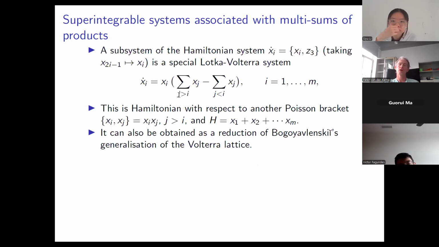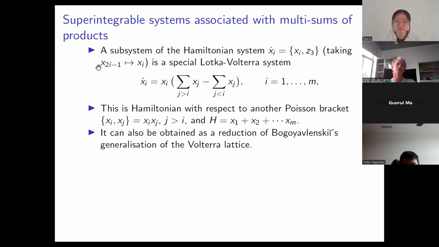So then one particularly interesting system is the system connected to Z_3. That is the nice function of degree 3, where I explained how these indices behave. If you look at this Hamiltonian system, there is a subsystem that decouples from the other equations.